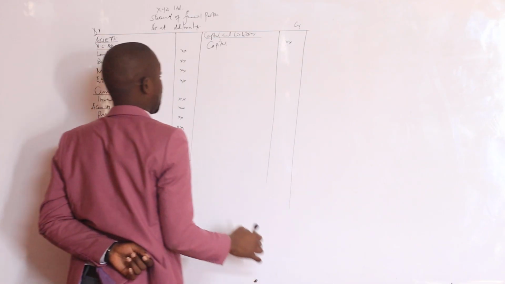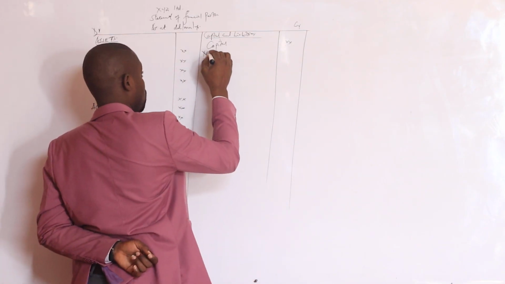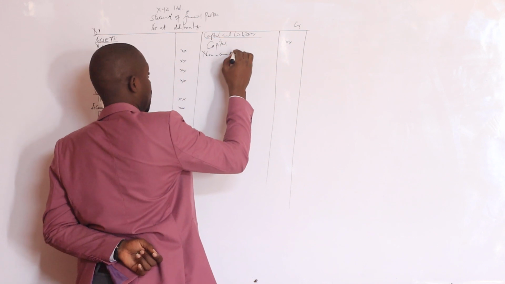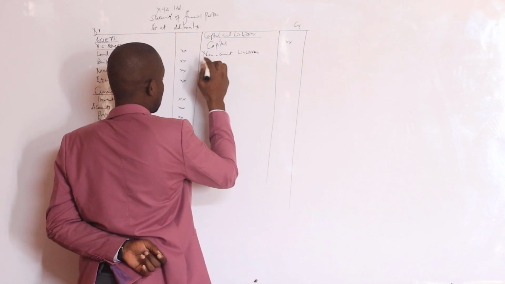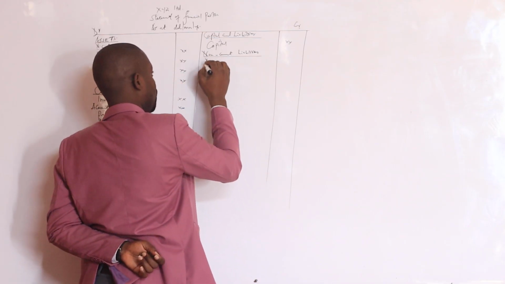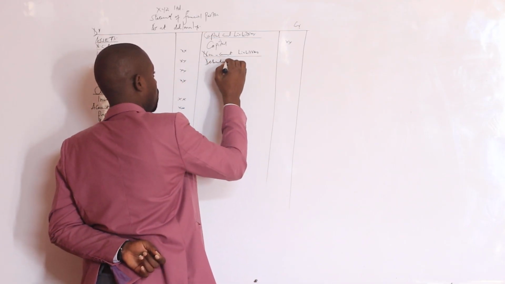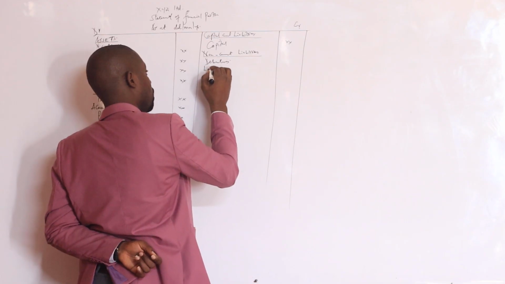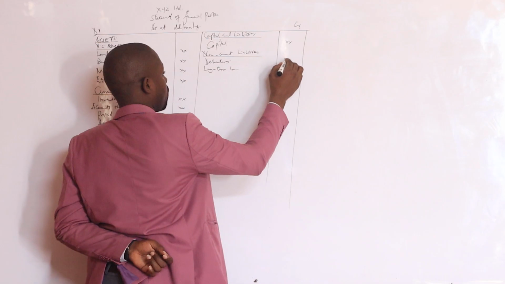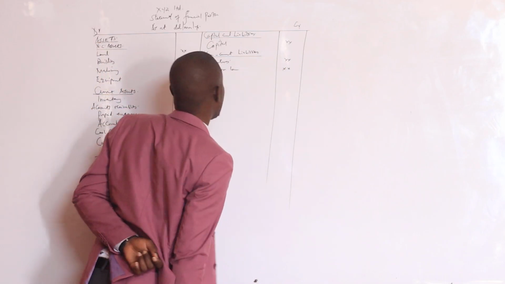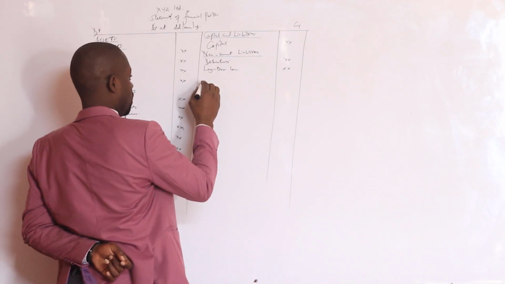Then we go to non-current liabilities. Examples are debentures and long-term loans for now. Then we go to current liabilities.